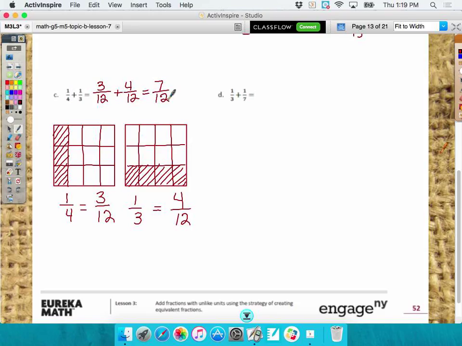Okay, Christian, how do you know immediately that you can't simplify this fraction? Because nothing goes into 7. You're right. What's that number 7 called? A prime number. My goodness, you guys remember. They didn't remember the word prime this morning. If I wrote the factors for 7, 1 and 7, the only ones are 1 and that number, then it's considered a prime number, and you know you can't simplify it.